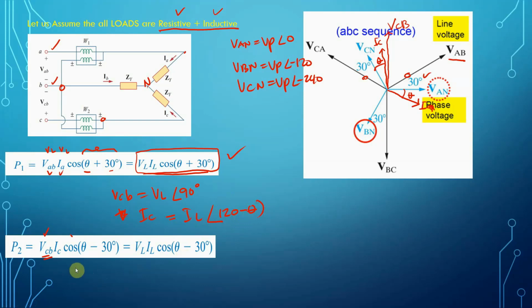Okay, let us now expand this equation. So P2 is equal to VL IL cosine of, what is VBC here? 90.